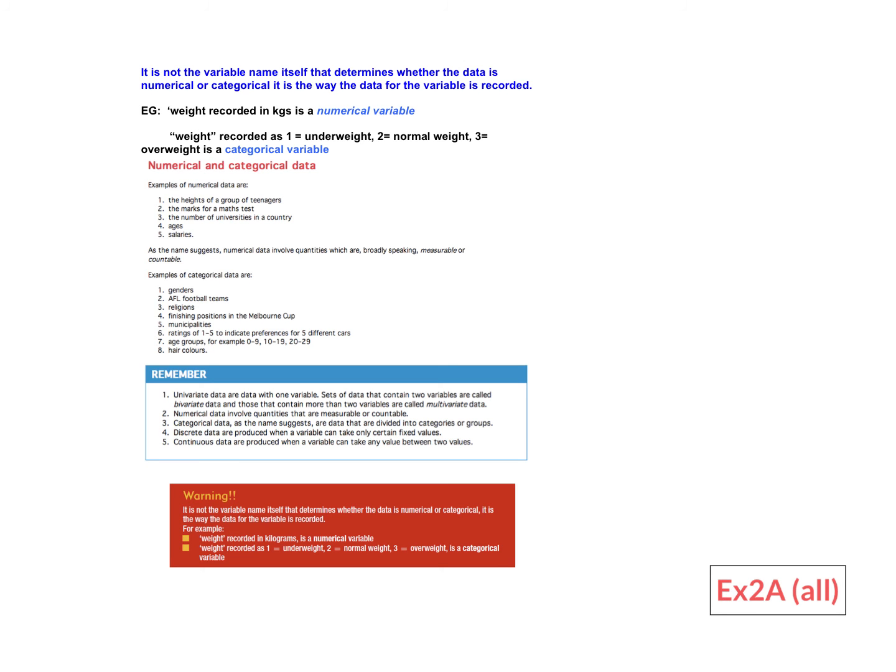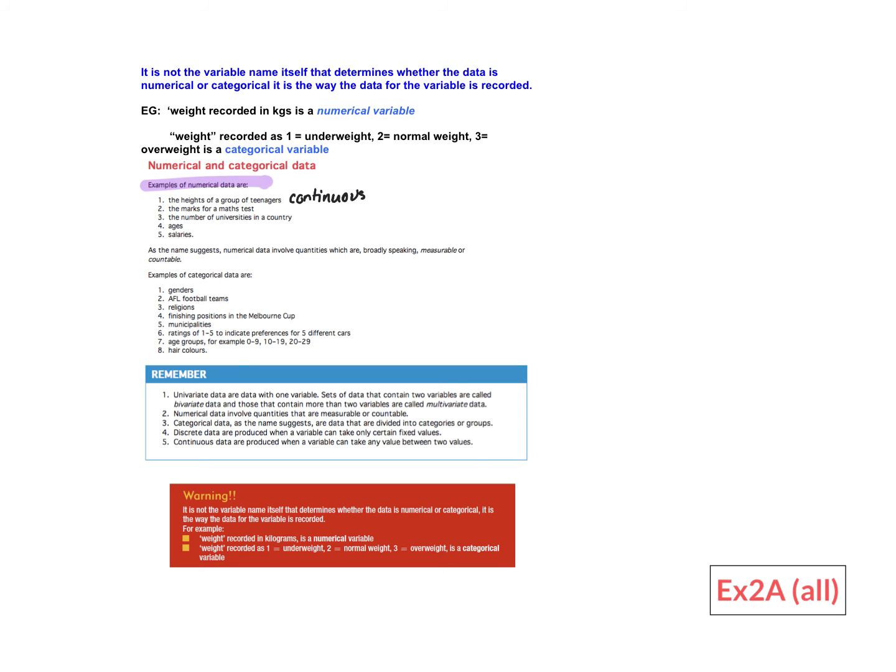All right, so we've got a few questions there. Examples of numerical data, we'll just go through them quickly. If you went through and said which one is continuous, which one is discrete. Heights of teenagers, that would be continuous.